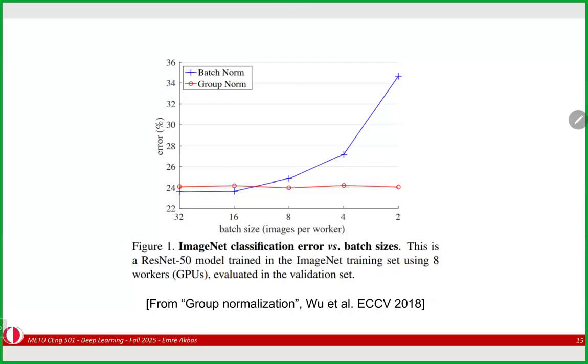And here is what happens. Y-axis is the error on some supervised image classification data set. This is ImageNet classification. And the x-axis is the batch size. Towards the right, it decreases. So it's a kind of weird plot, but as you decrease the batch size, if you look at the blue curve, which represents batch norm, the error goes up, because the variance is high and it becomes less representative.